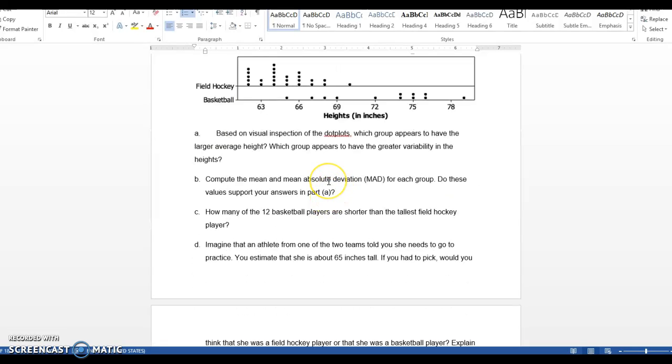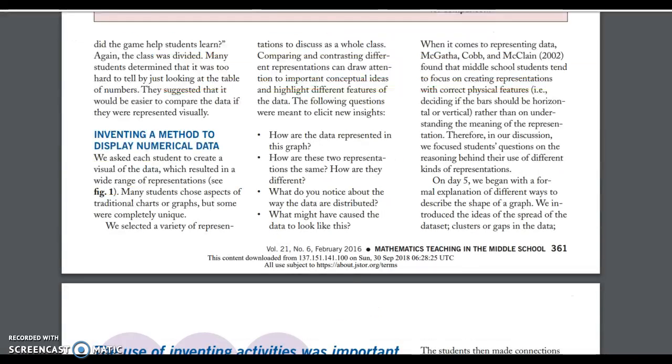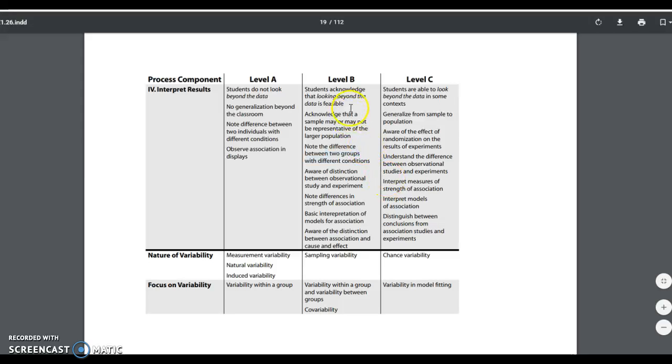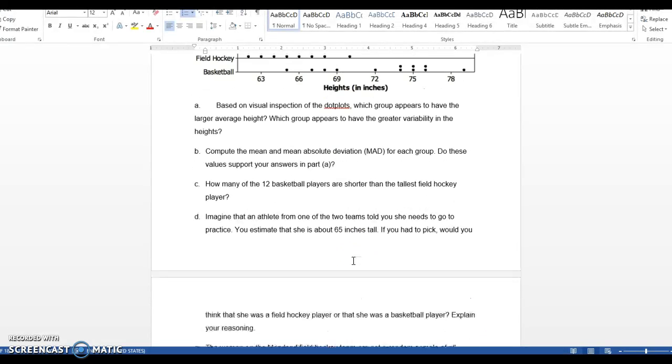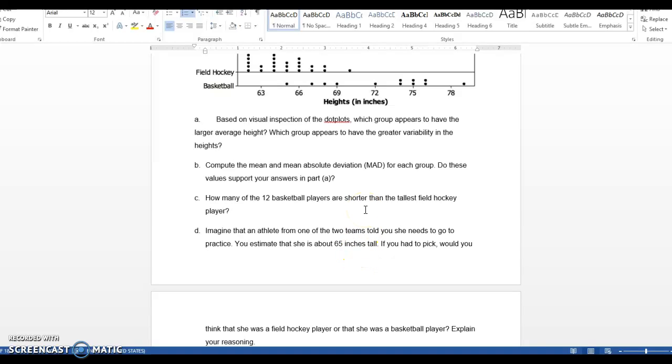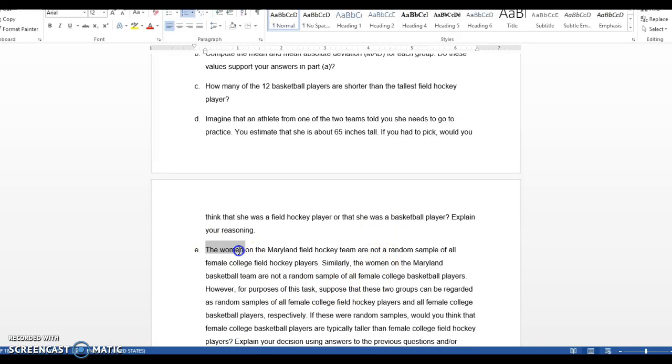Formulating questions was level A, and analyzing data was around level B as well, as again students are asked to look beyond the data that's feasible, and note the difference between the two groups with different conditions. And for interpreting results, again very similar to the last task, students look beyond the data that's feasible, and note the difference between two groups with different conditions as well, just based on that part E.